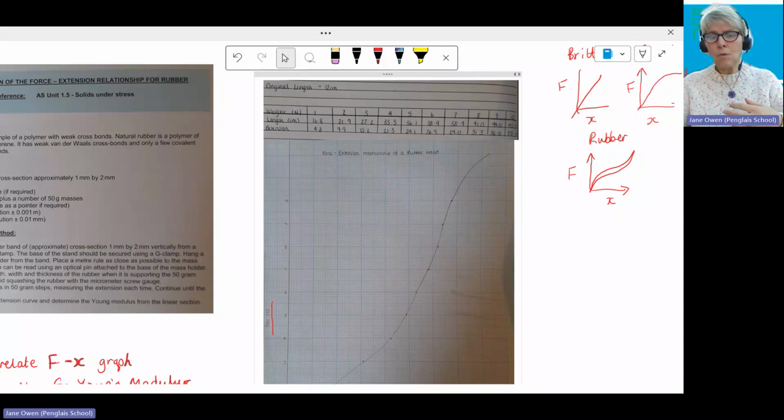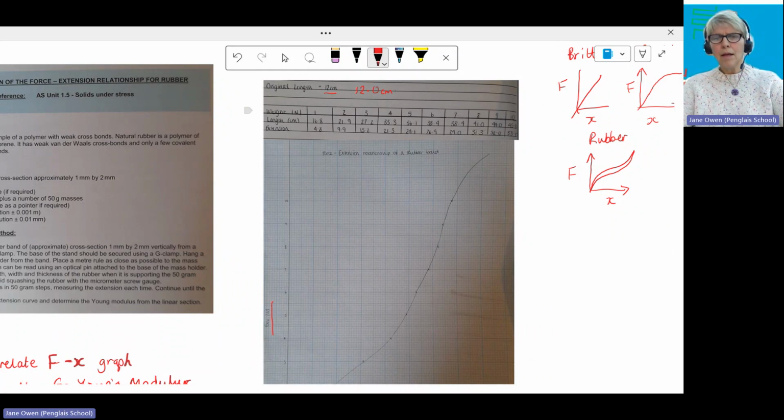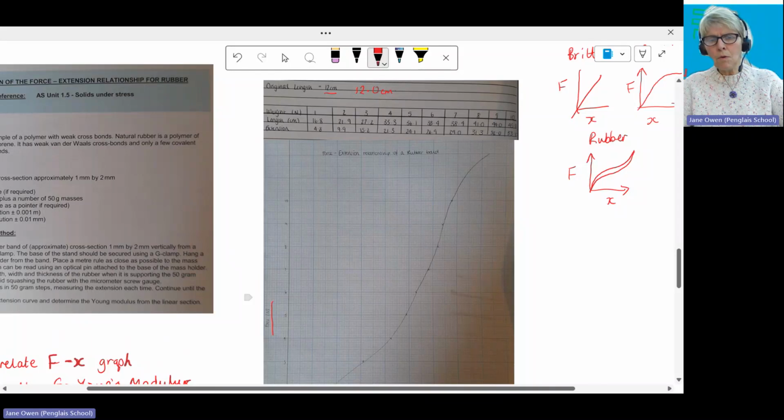And to work out the extension, we just took the original length, the original length here being 12, we should have written that as 12.0, because with a ruler we can measure to the nearest 1 millimeter, 0.1 of a centimeter. And we took that away then from all of the lengths to get the extension.